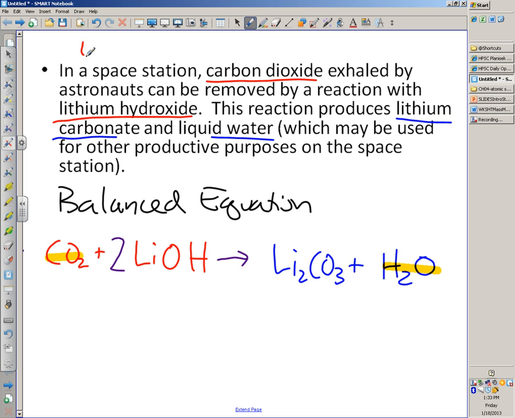You look up lithium on the periodic table and you find out lithium's in what column? Alkali metals. Alkali earth's number 2. But more importantly, how many valence electrons? 1. So what kind of ion is it going to form? 1 plus. And then you look up hydroxide on your table, or that grid that I gave you.